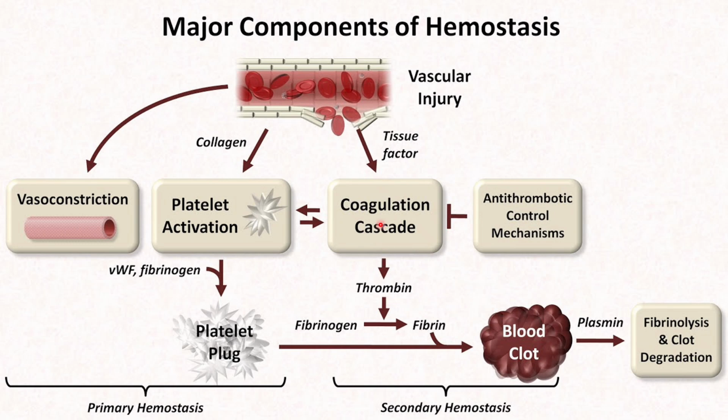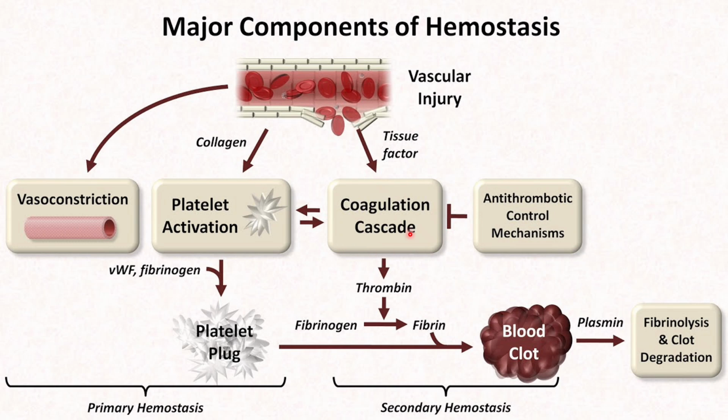Because once there's a coagulation cascade, thrombin is going to be formed, and that thrombin will be converting fibrinogen into fibrin, and that fibrin is actually the clot. Together with the platelet plug, it is going to prevent further escape of blood or further blood loss. That's the way it is.